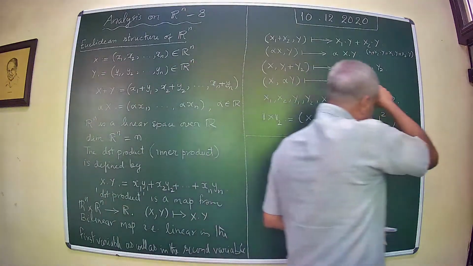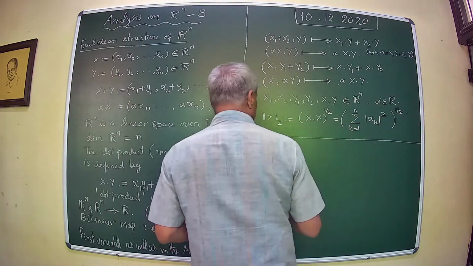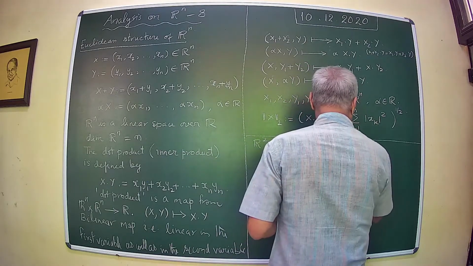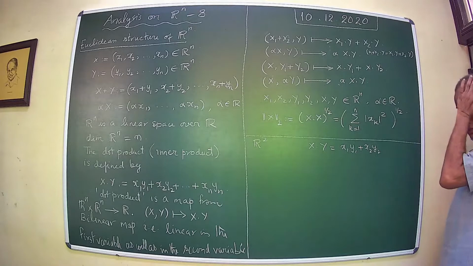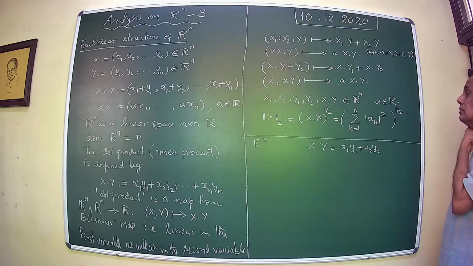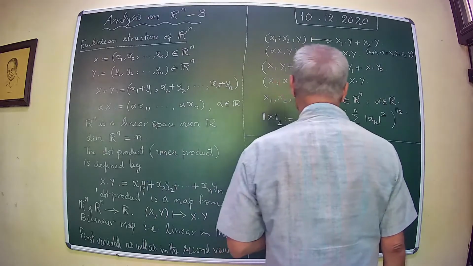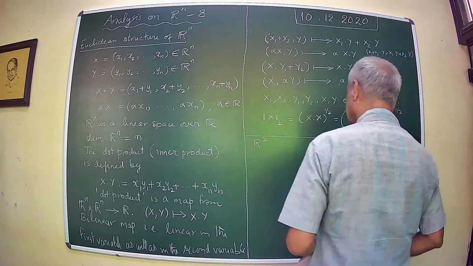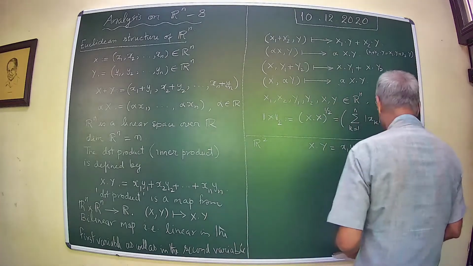Okay. Now let us explore this on R2. In R2, you have x dot y equal to x1 y1 plus x2 y2. What does this give? See, you observe that, what is this actually? So you have two vectors.